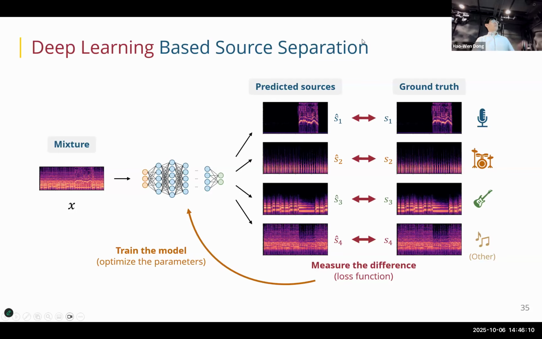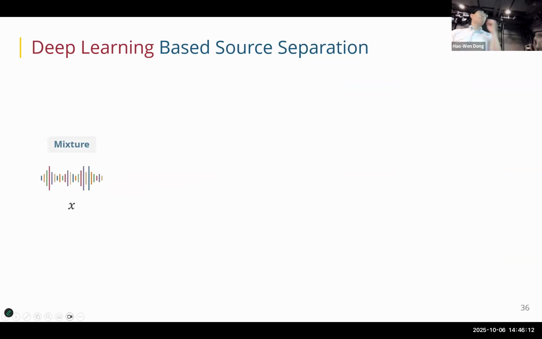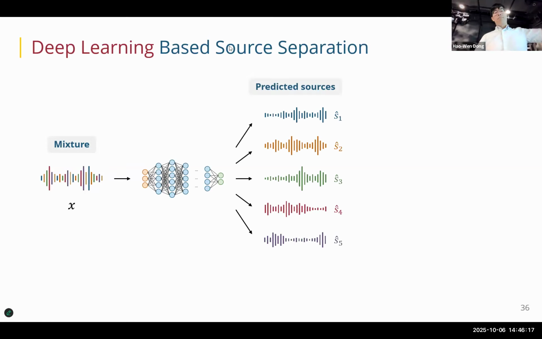But you can also just directly apply it on the waveform. This is more of a recent progress. In the past, people didn't think that you could apply it on the waveform directly, but nowadays, given how powerful these machine learning models are, you can actually directly predict the waveform.